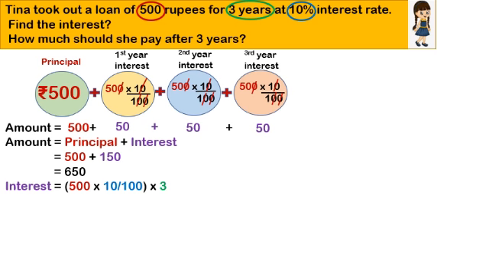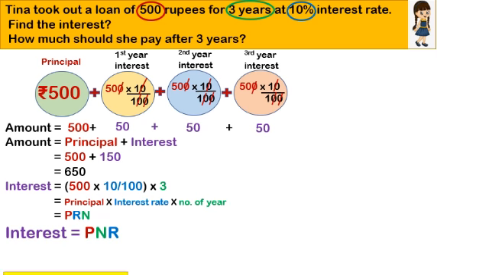Here 500 is the principal, 10 is the rate of interest and 3 is the number of years. So we can write interest equals PRN. Remember one method learned in class 7. What is that? Yes, interest I equals PNR. When we solve it, we get interest as 150 rupees.